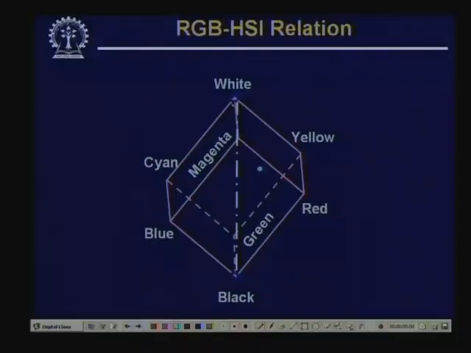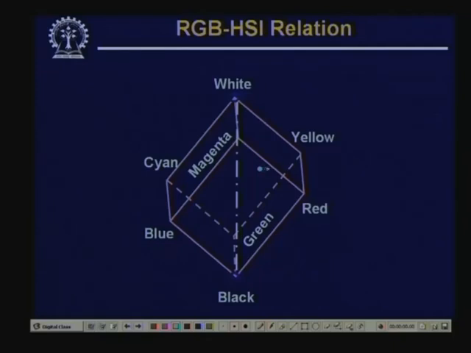As we said, the line joining black and white is the intensity axis. So, in the HSI space, I can very easily compute the intensity component. Say this is a point x.